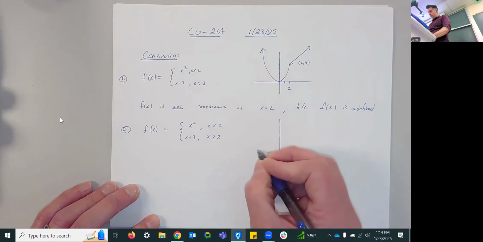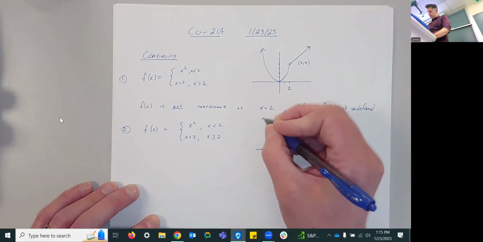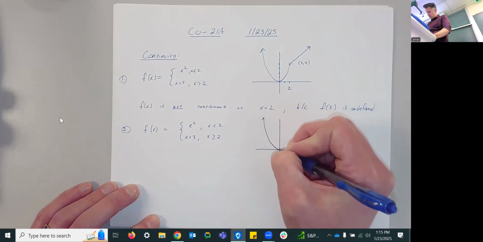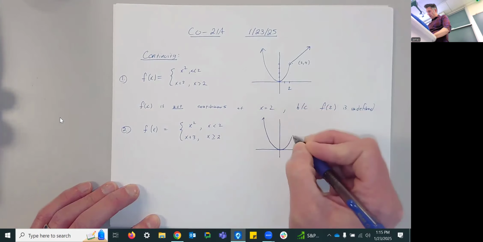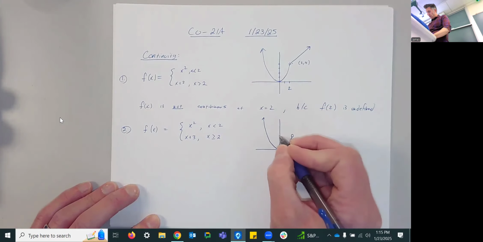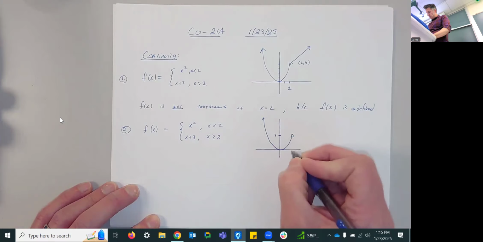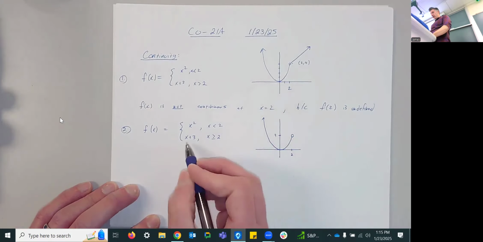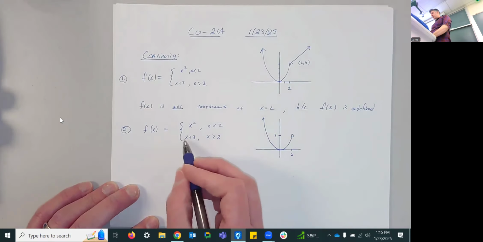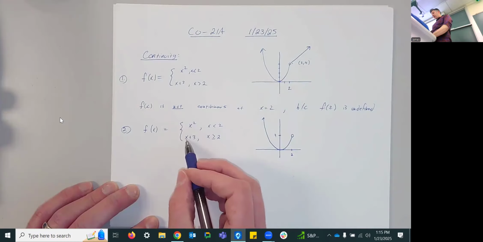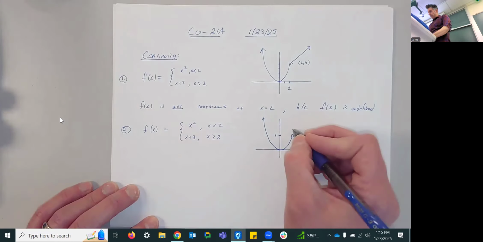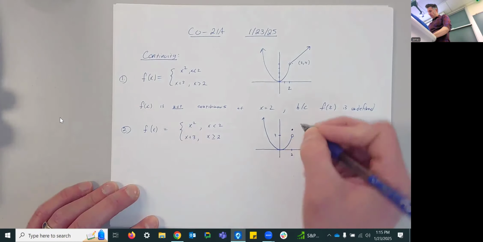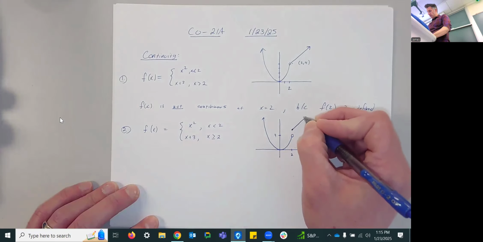We still have the same left part. And then when we get to 2, we're still having a hole at (2, 4). And then if we try to graph this other piece, if we plug in 2 for x, 2 plus 3 is 5. So this straight line part to the right starts a little higher.